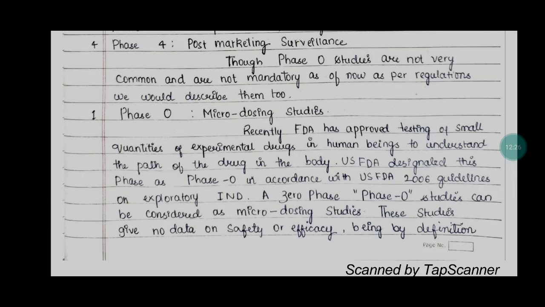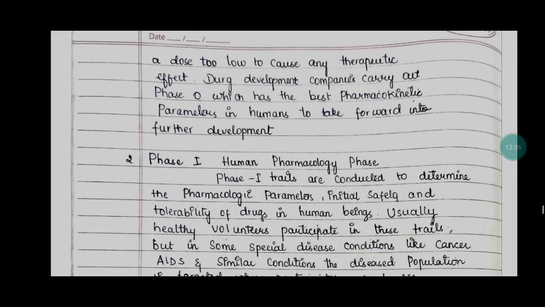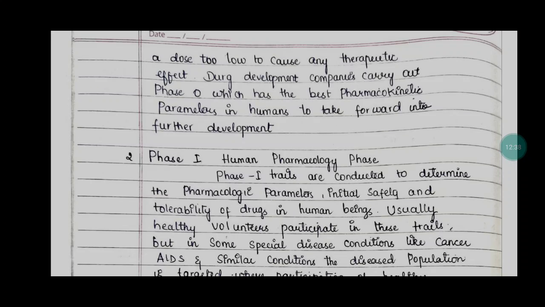These studies give no data on safety or efficacy by definition. With a dose too low to cause a therapeutic effect, drug development companies can carry out phase 0 to identify which drug has the best pharmacokinetic parameters in humans to take forward into further development.